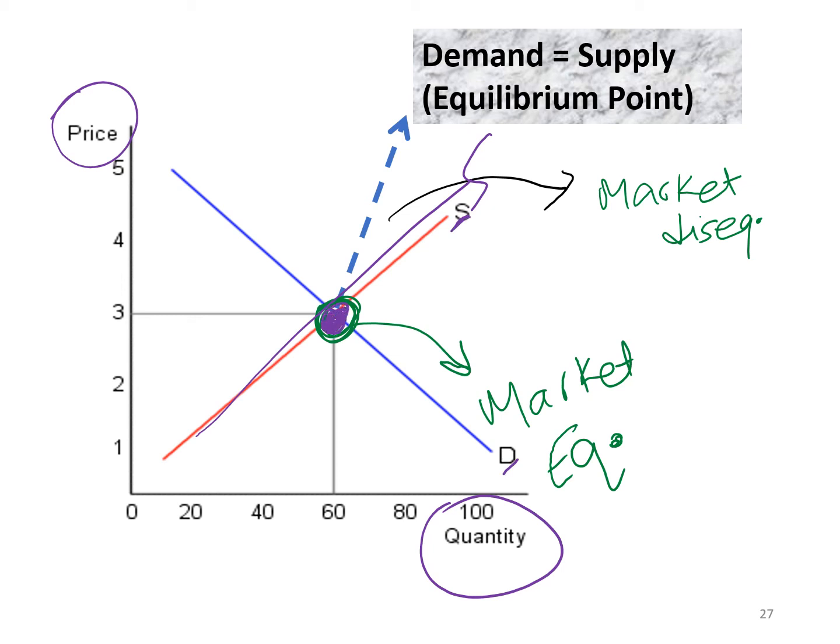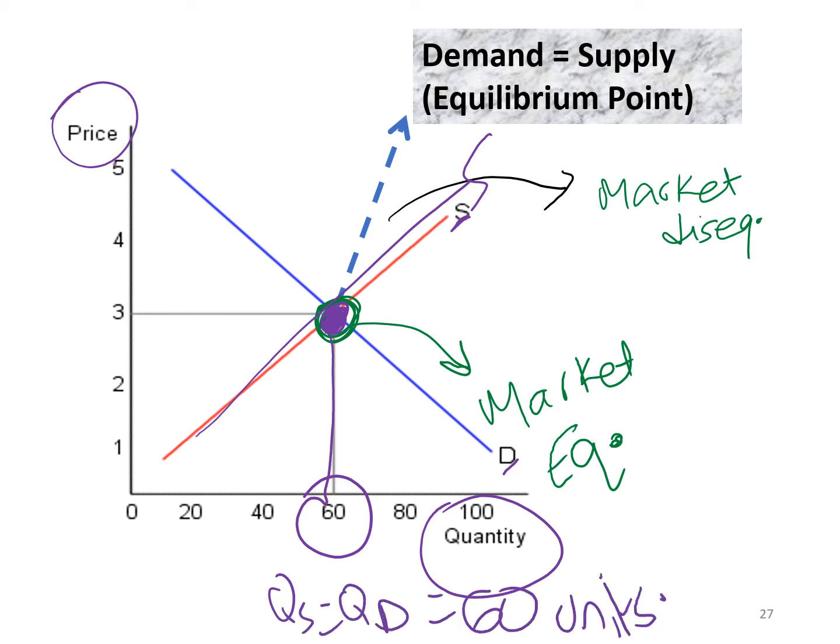It's that purple point here, and this would be my equilibrium point, which is at quantity 60. So quantity supplied is equal to quantity demanded, which is equal to 60 units of whatever the product is. And the market price, which is the equilibrium point also, it would be at $3.